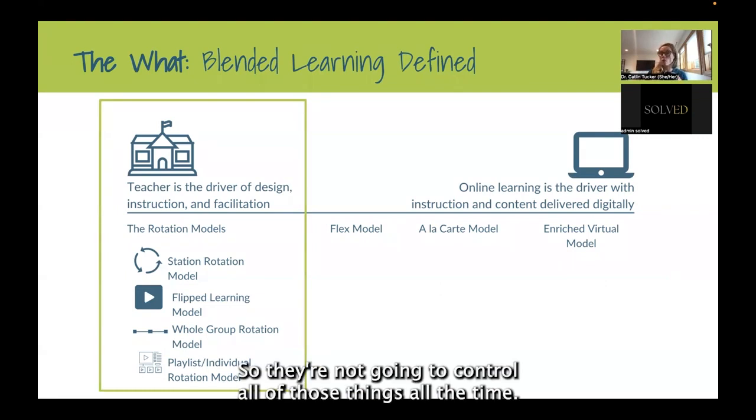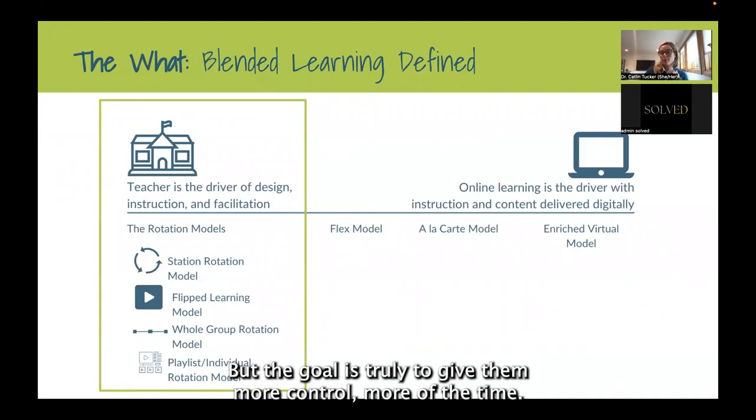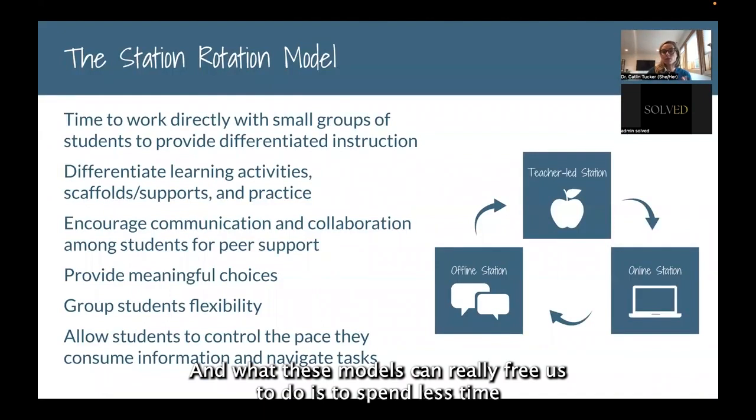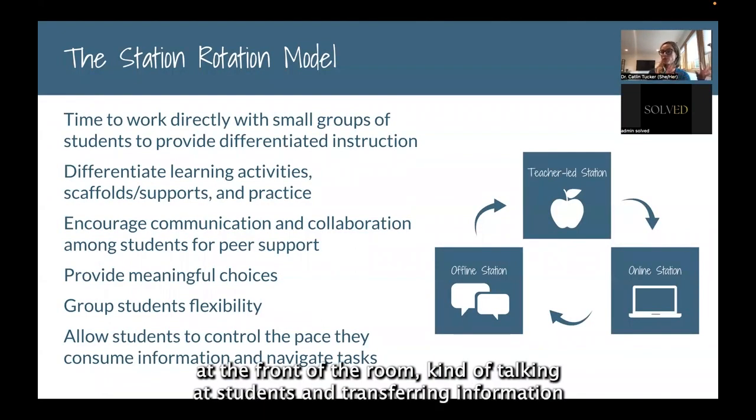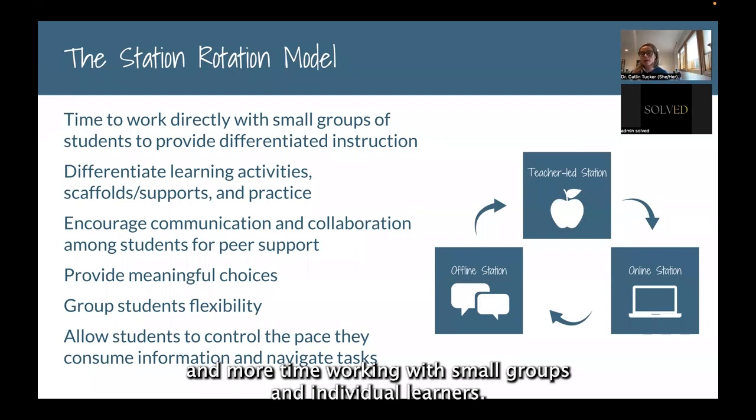So they're not going to control all of those things all the time, but the goal is truly to give them more control more of the time. And what these models can really free us to do is to spend less time at the front of the room talking at students and transferring information, and more time working with small groups and individual learners.